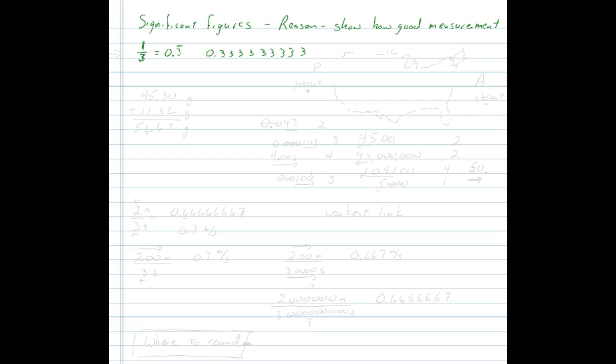So it can be a wide range of things. Having it this far is leading a false sense. So what we do is we count how many significant digits there are and round your answers to that number of digits.